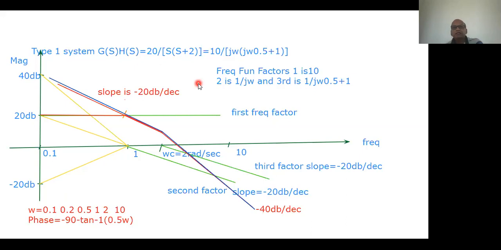This is a simple example for type 0, type 1. If you go for type 2, the initial slope is minus 40. If you go for type 3, the initial slope is minus 60, and so on.